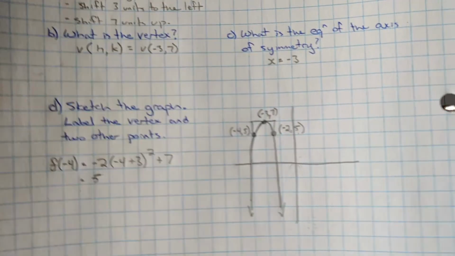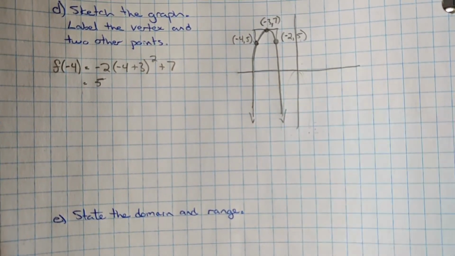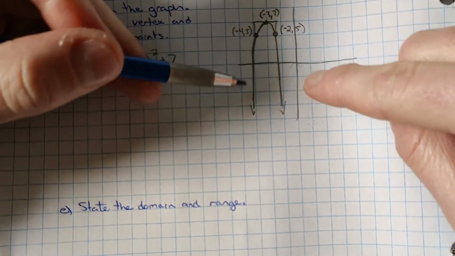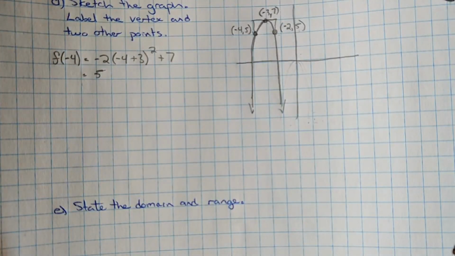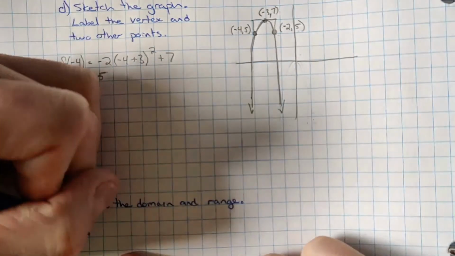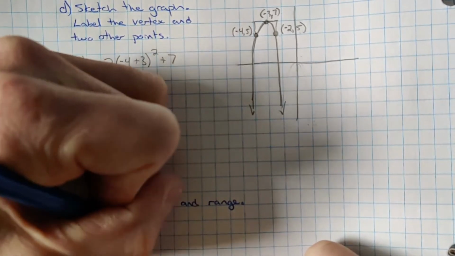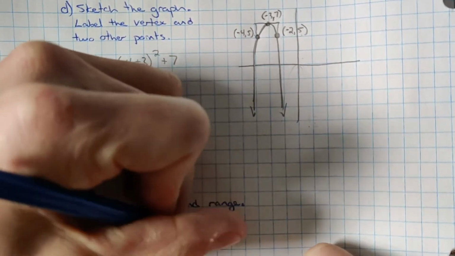Next part here wants us to state the domain and range. And so we look at that graph and we can use that to quickly state the domain and range. It's a parabola. That means these are going to continue on and on forever. And there's no real world restriction on this. So that means we can set the domain to be a set of x belonging to the real numbers.